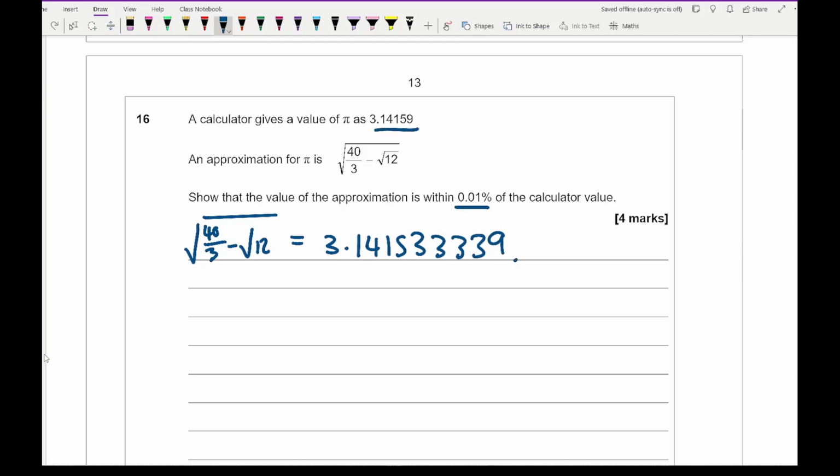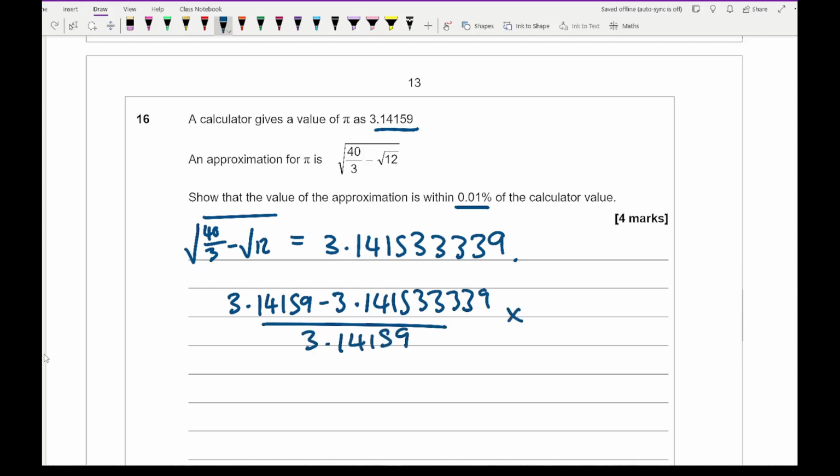So from this, what I can then do is work out the difference. So it's going to be 3.14159 minus 3.141533339, all divided by 3.14159.